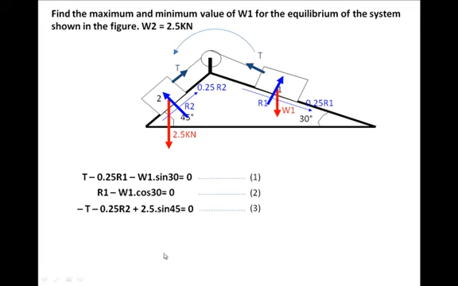And here it will be minus T, because now motion is downwards, T is in the opposite direction. And this 2.5 sine 30's component becomes positive here, and friction is upwards, so it is negative. And then there is the y direction equation. So you have these 4 equations, we need to solve them.